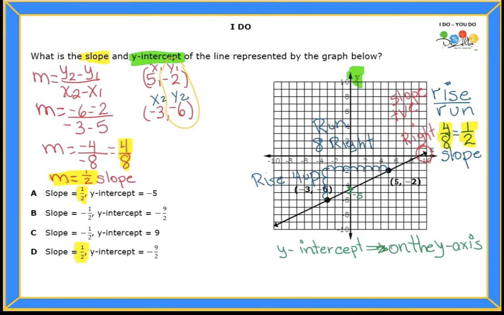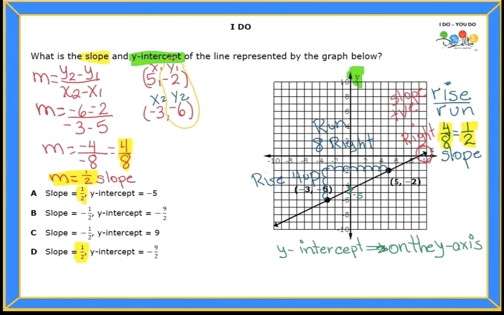So I know that it's not at -5, which if I look at the answer choices, would have eliminated letter A, because letter A says that the y-intercept is at -5, and I know it's not. It's between -4 and -5. So I can predict that it's going to be a decimal, but it could be anything. It could be -4.1, -4.2, -4.3, and so on.